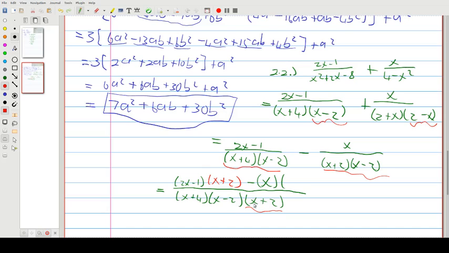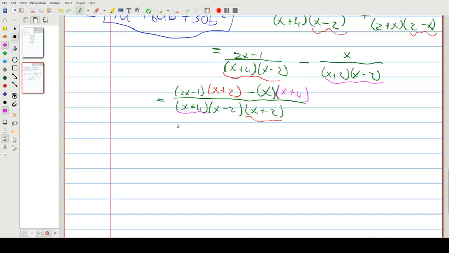It's got the x plus 2 and the x minus 2, so it still needs the x plus 4. Let's actually do that in a different color. Alright, I'm going to do that in pink. Okay, so these two are right here, so what it needs is that part that's missing. So that's going to be the x plus 4 part.